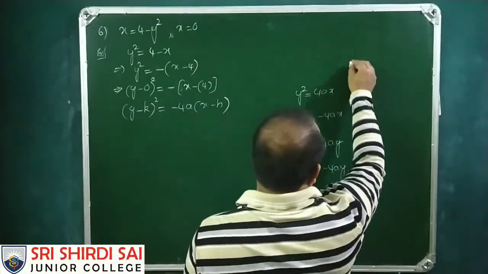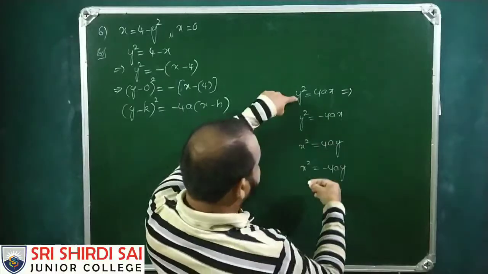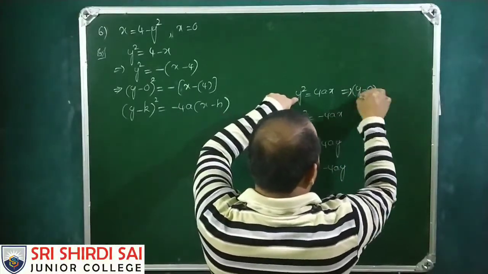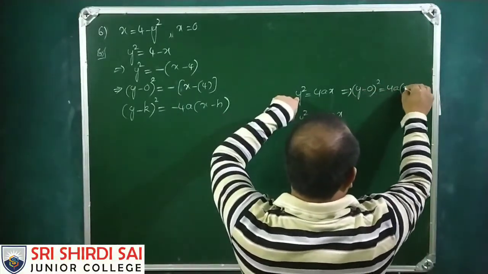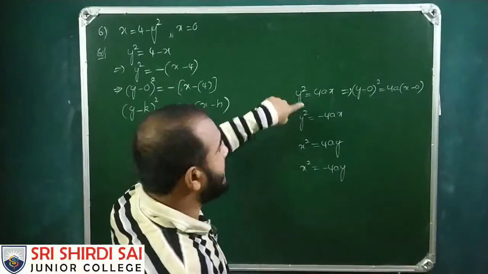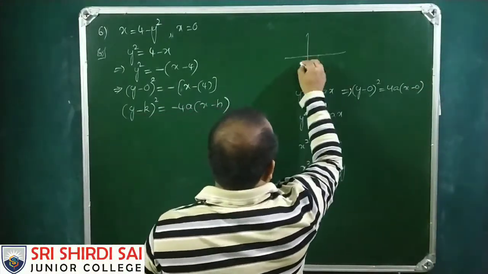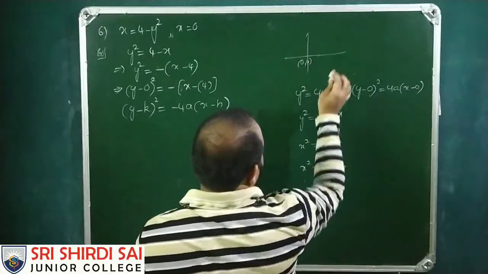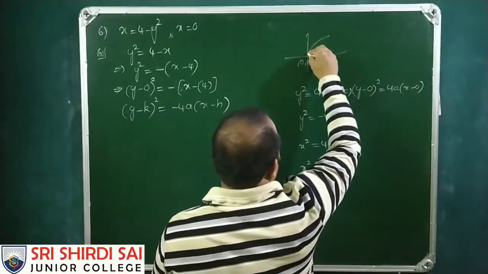So here this can be written as y minus 0 whole square equals 4a into x minus 0. That means this is 0 0, the origin, so y power even, symmetric about the x axis.